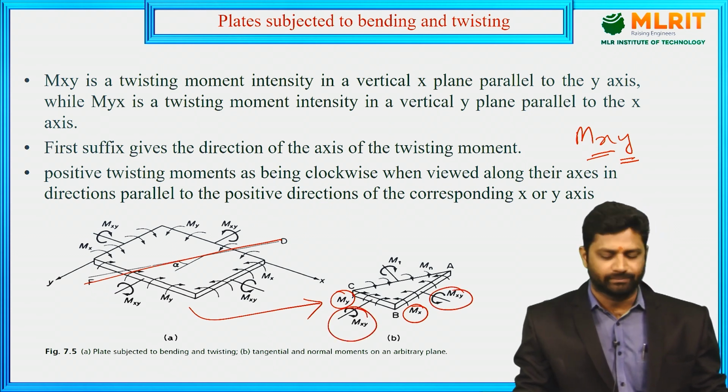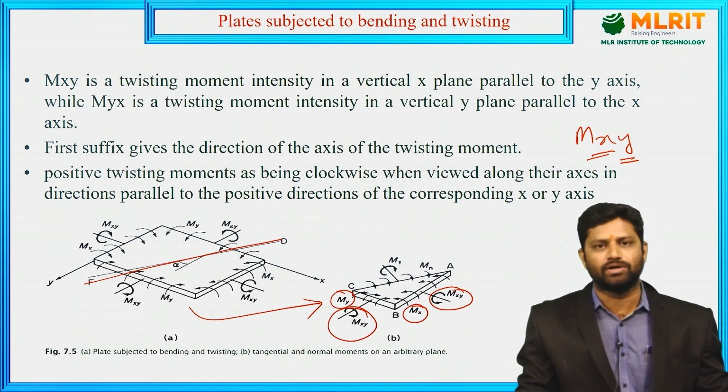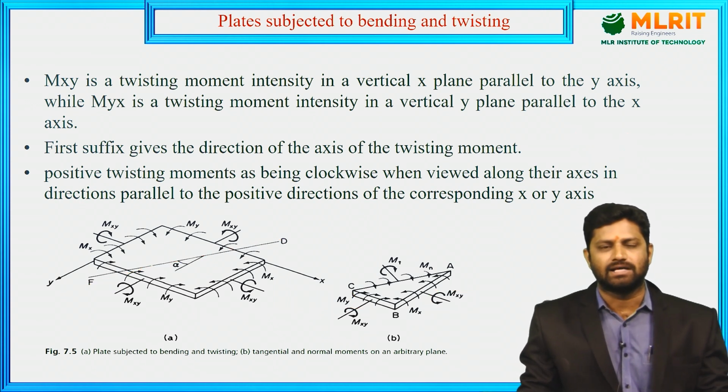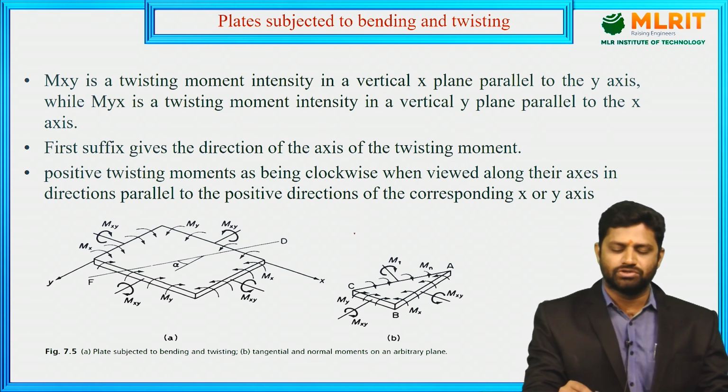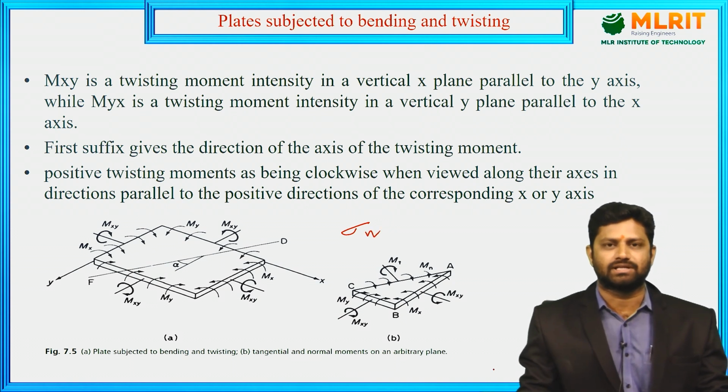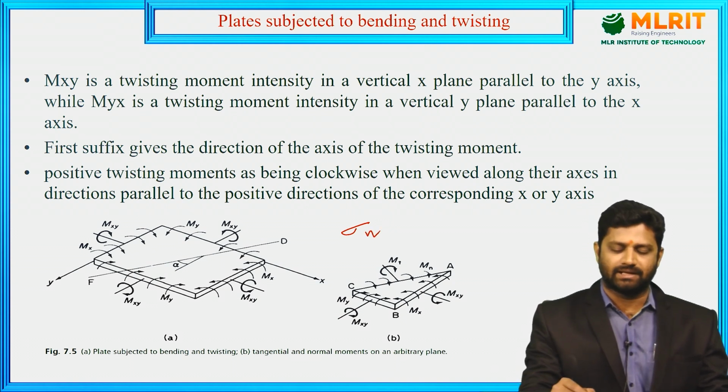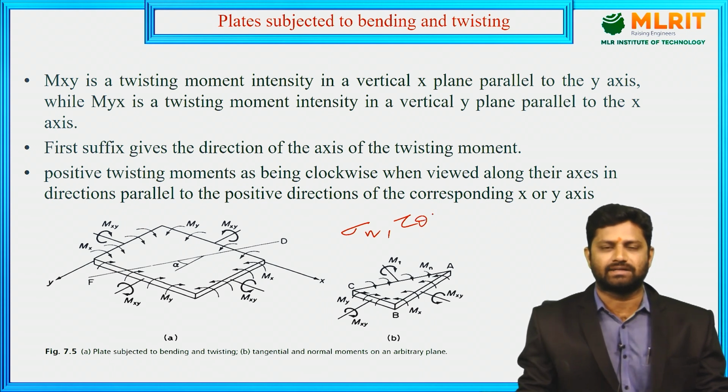Now, as we discussed in the principal stresses, there we have a normal stress acting on an inclined plane and a shear stress acting on an inclined plane. Usually we denote sigma n as the normal stress acting on the inclined plane, and tau theta as the shear stress acting on an inclined plane.